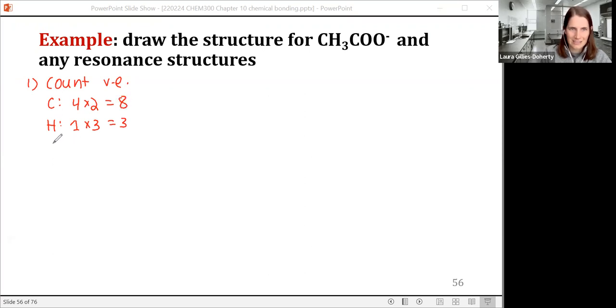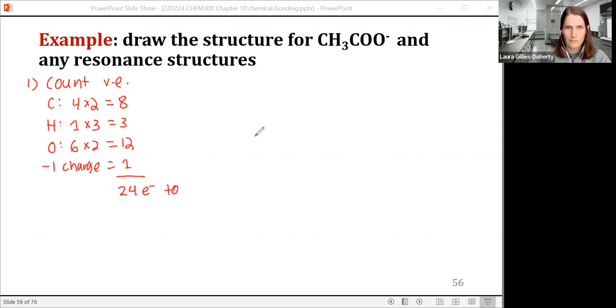And oxygen has 6, and we have 2 of those. And we have a -1 charge, so we need to include an additional electron. So when we add this up, 12 plus 8 is 20, plus 4, 24 electrons total.